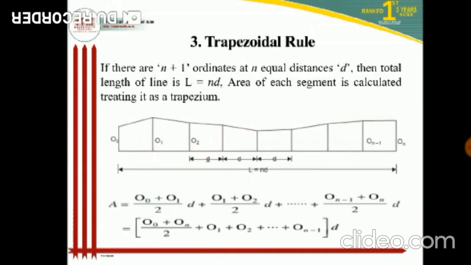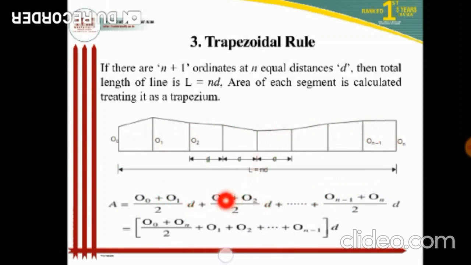What is the formula of a trapezium? H1 plus H2 divided by 2 into D. But here H1 is equal to O0, and H2 is O1. So O0 plus O1 divided by 2 and multiplied by the distance D of each division, that is given. Like that we add all the divisions given in this question.